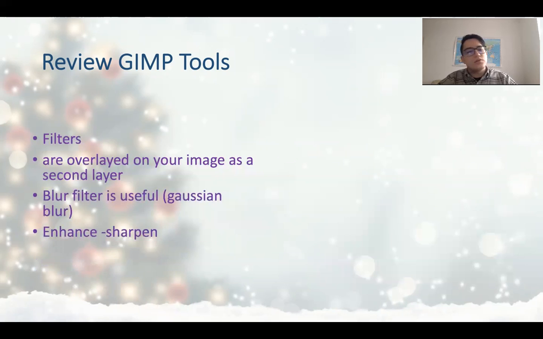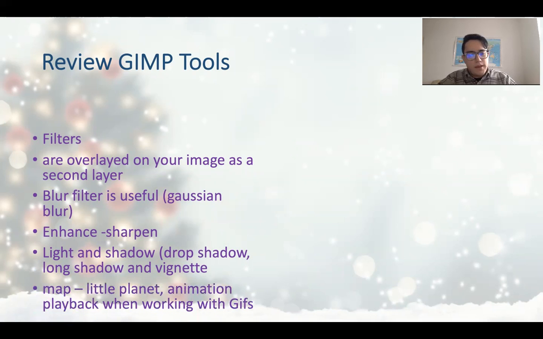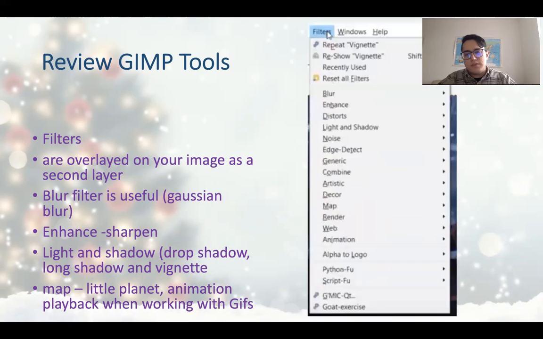Blur filters are useful, such as Gaussian blur, enhance, sharpen, light and shadow, drop shadow, long shadow, and vignette. Map, little planet for animation and playback when working with GIFs.